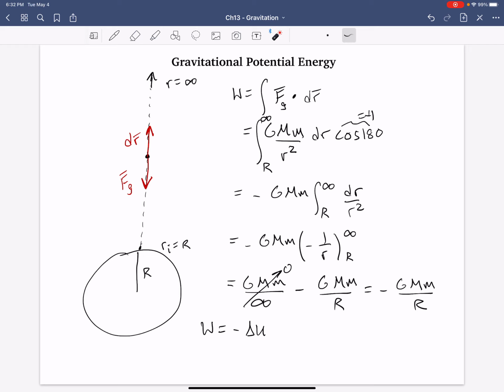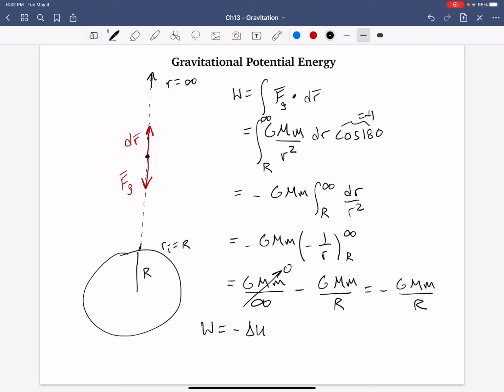And so that means that this distance on the bottom was the smallest it'll be. If the number on the bottom goes smaller, that means overall the fraction gets bigger and bigger. But we have a minus sign in front. That means the biggest this potential energy can ever be is 0.